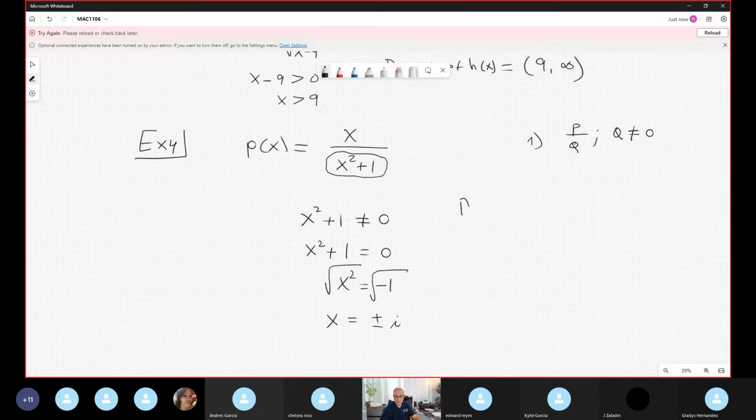Therefore, the domain of P is all real numbers. Okay, do you understand this or no? The restriction is the bad guy. But when you solve the equation, the bad guy belongs to another field, not the real field. That means in the real field we have no restriction. If we have no restriction, the domain is all real numbers. Cool?